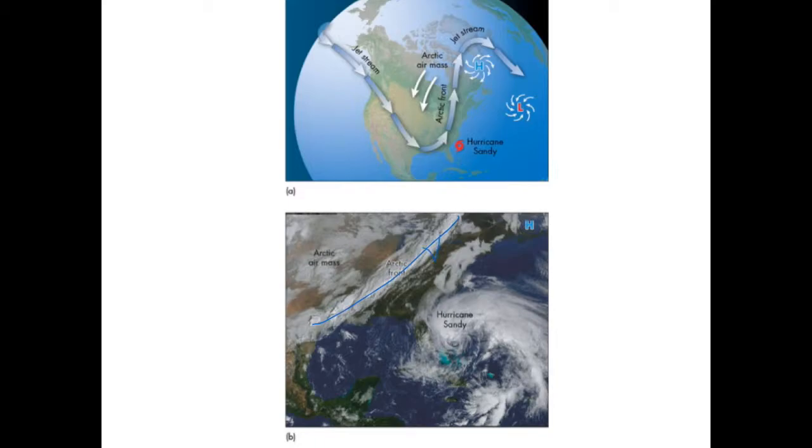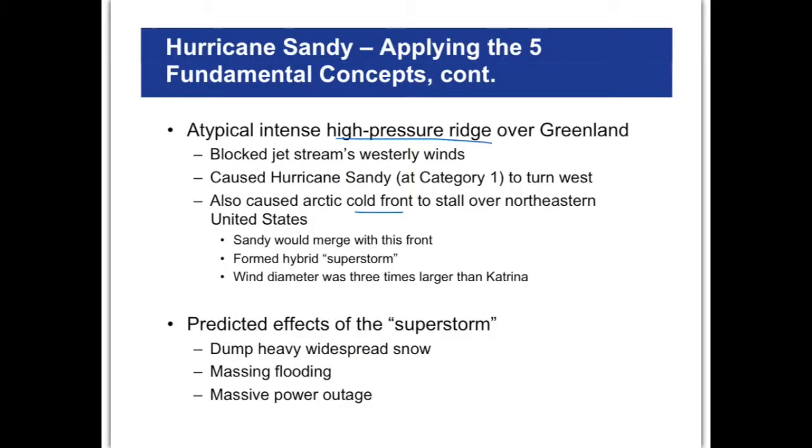Okay, and Sandy actually wound up joining with this and making this giant mess. So the hurricane is bringing a lot of precipitation. The cold front is bringing the cold to produce snow. So I'm going to back up here a second. You had a lot of widespread snow. In other places that were warmer, that snow fell as rain, so there was lots of flooding, and as a result, there were widespread power outages all over the eastern seaboard.